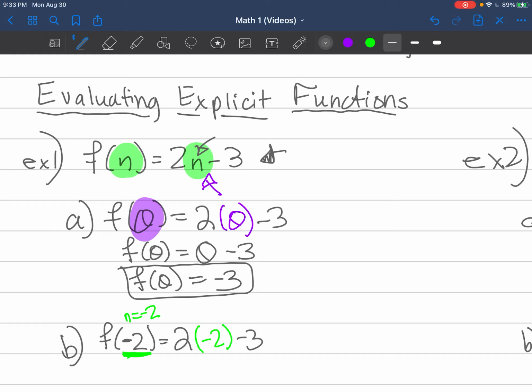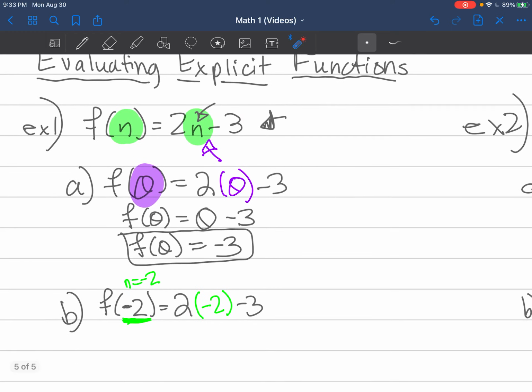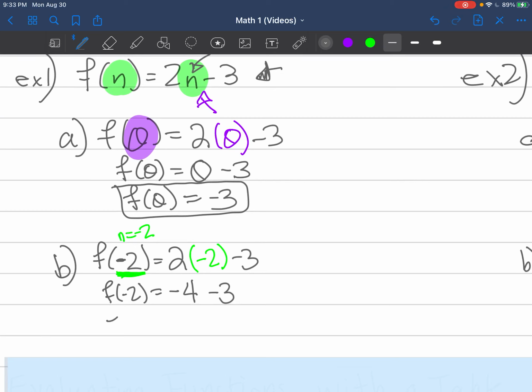Still using this equation, but down here. So now I'm going to do some math. f of negative 2 equals 2 times negative 2, which is negative 4. So now we have negative 4 minus 3. We didn't mess with that minus 3. Which gives us f of negative 2 equals negative 4 minus 3, which is negative 7. Final answer.